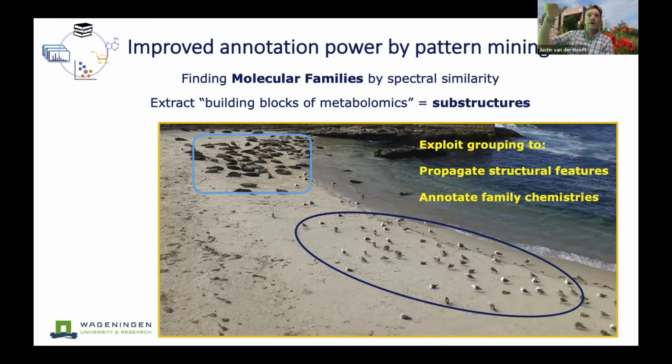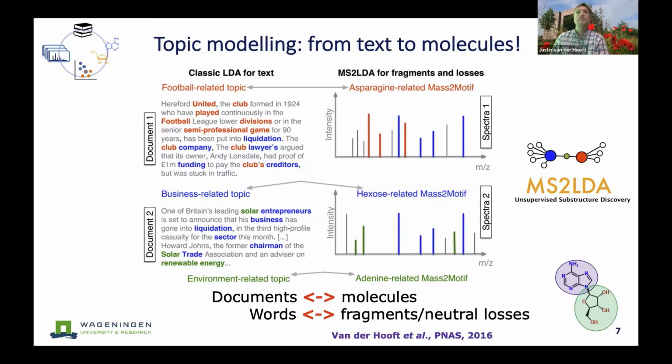And there are two examples of molecular families, molecular networking, and you will have seen that in this week already, how you can use that. Today we will focus a bit more on extracting the building blocks of metabolomics, or the substructures, because we can also use those to group and propagate features and annotate whole families. So, well, in short, how does it work?